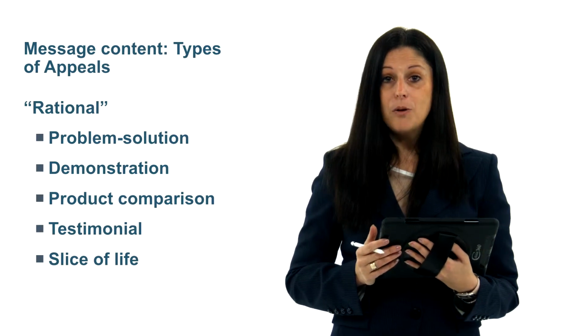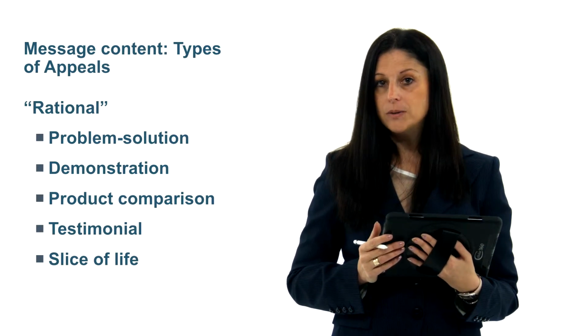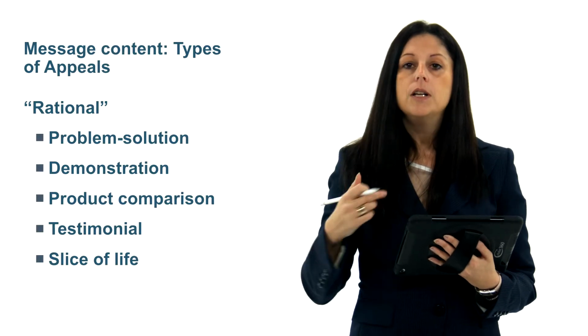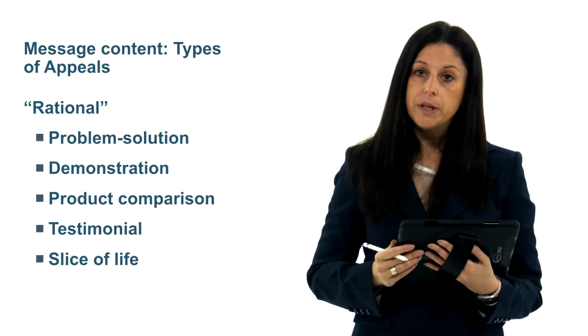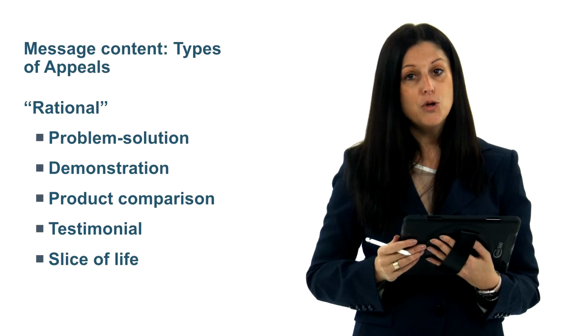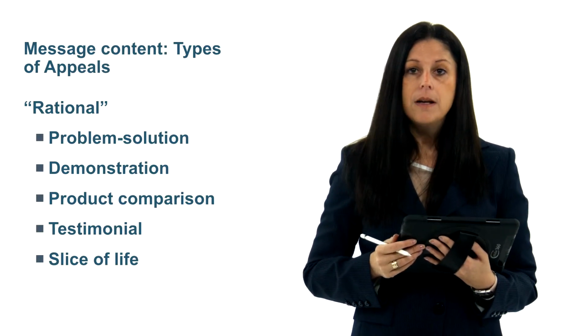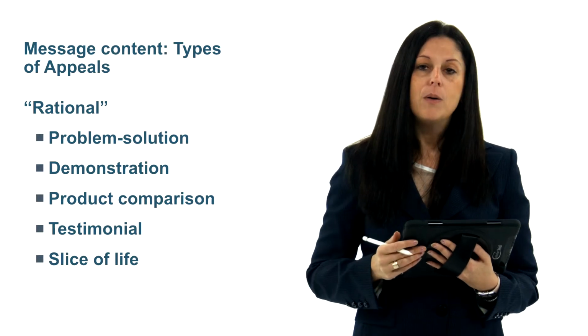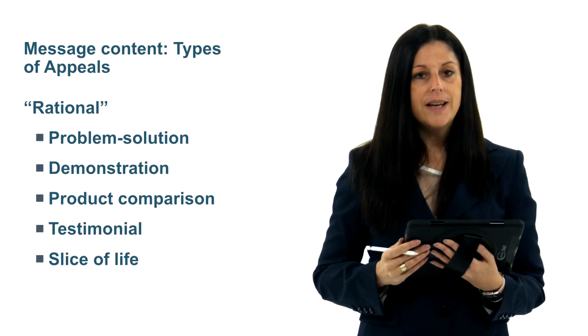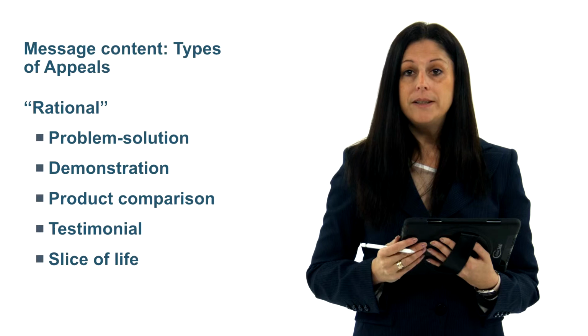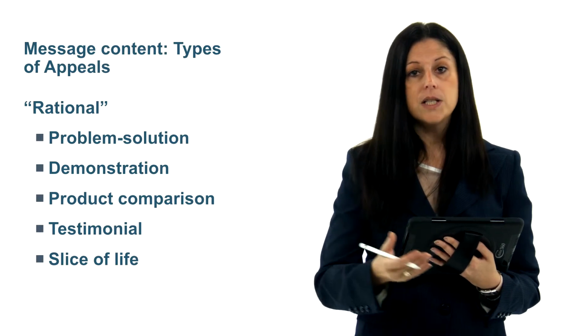So what kind of messages can we send out? In general, the two types of appeal will be rational and emotional. A rational appeal is when I explain from a rational perspective why my product is good and better. So I might create a problem and then a solution.